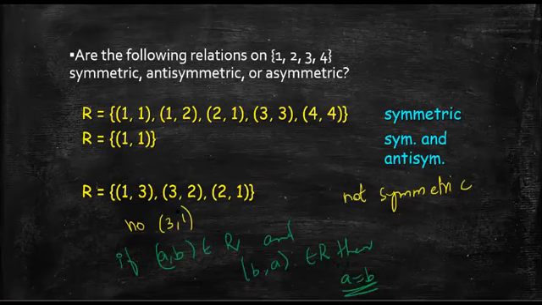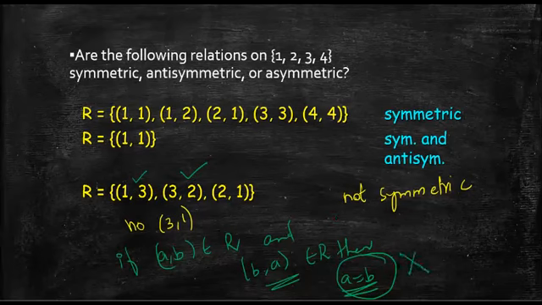I'll show you in a moment. So over here, we have A comma B, 1 comma 3. Do we have 3 comma 1? No, we don't have 3 comma 1. Then even if A is not equal to B, it is antisymmetric for this element. Similarly, for the next element, we have 3, 2, but we don't have 2, 3. So we don't need to verify this condition A is equal to B in this case.